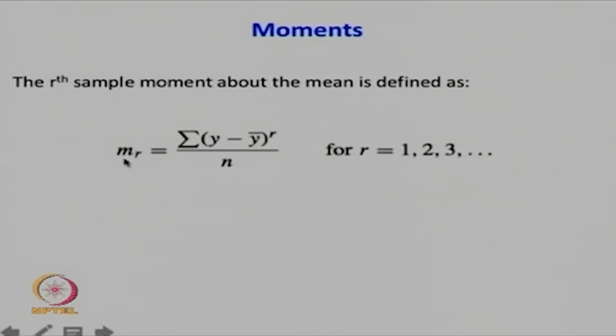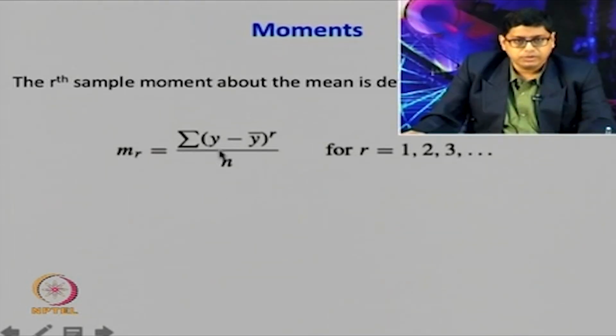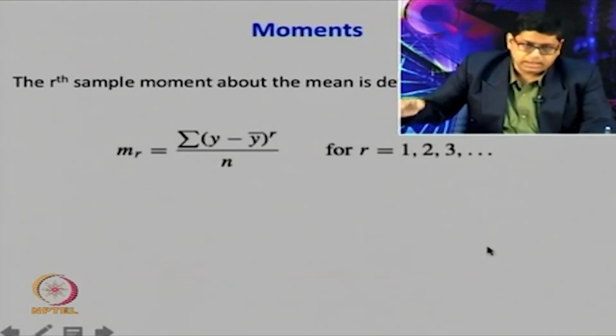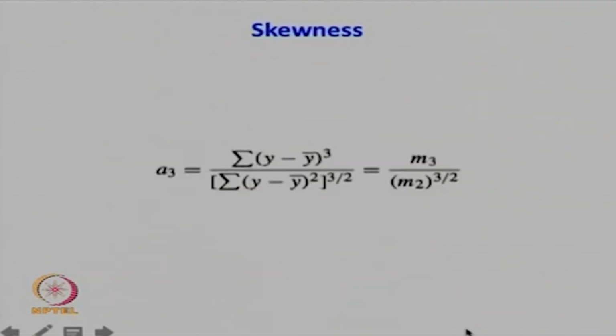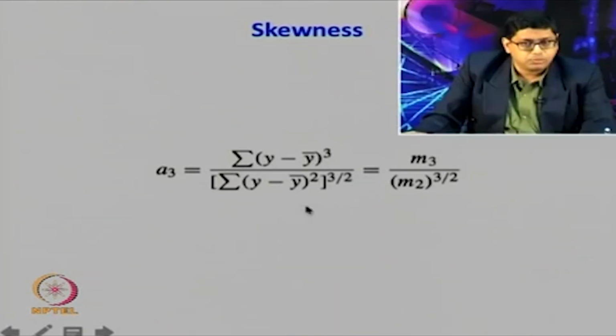Now, the way these moments are defined, if y has a given unit, then mr will not return a value which is unitless, but rather it has some units. You of course want to eliminate that aspect of dimensionality in your measurements, and for that purpose what you typically do is divide by another moment raised to some other power, so that the units are the same.